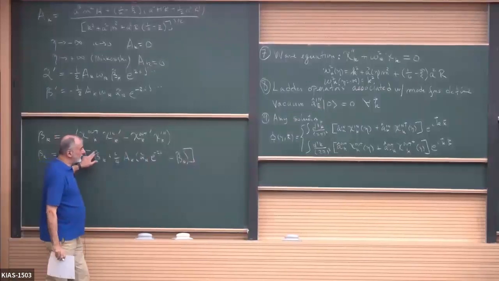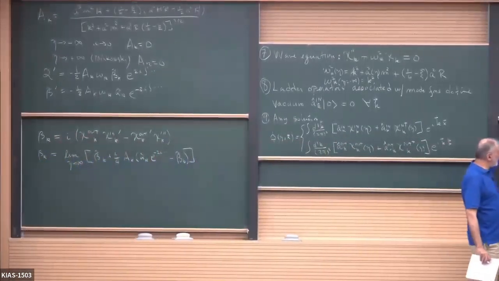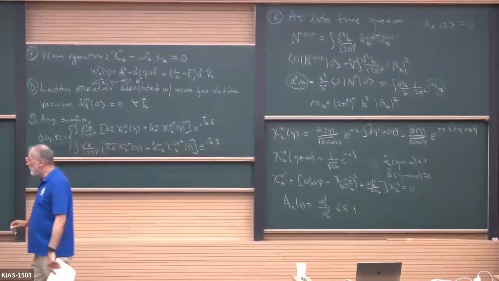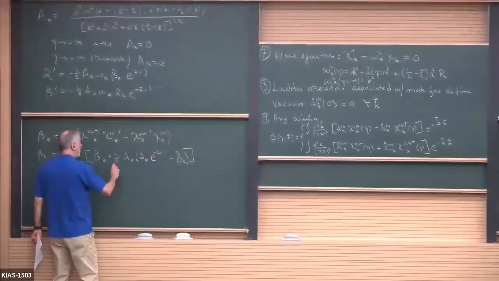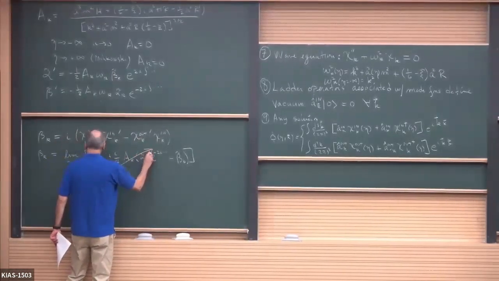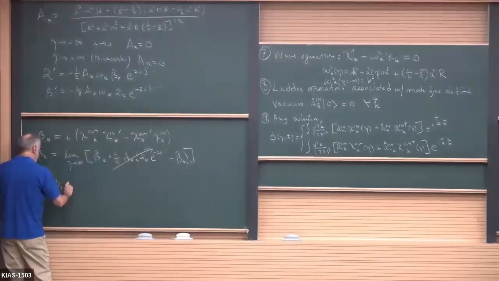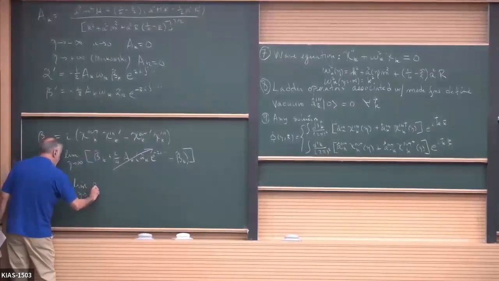And these tildes here are the new mode functions, alpha tilde and beta tilde. The beta on the left-hand side is the Bogolubov coefficient. At late times, this goes to 0. So the Bogoliubov coefficient beta of k is the late time limit of beta of k tilde.